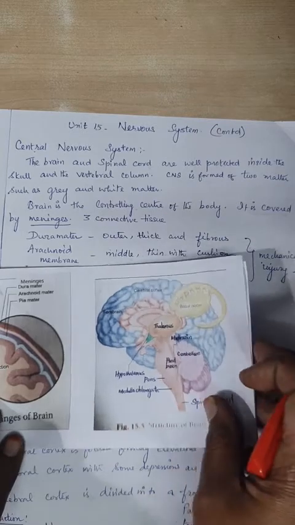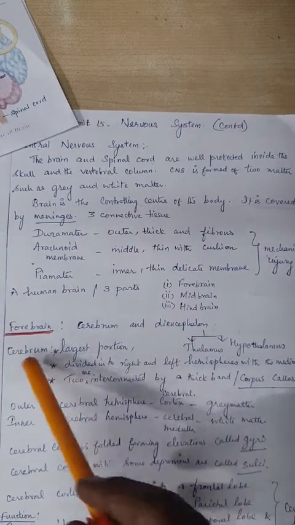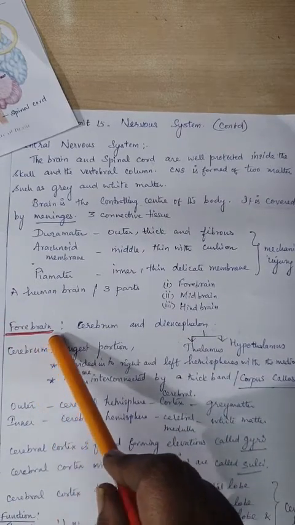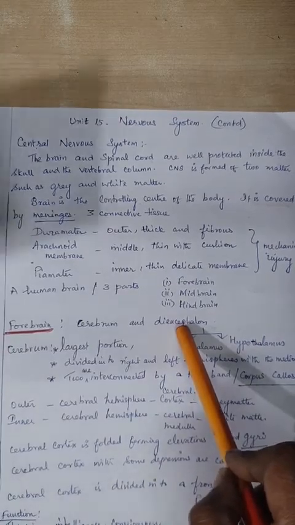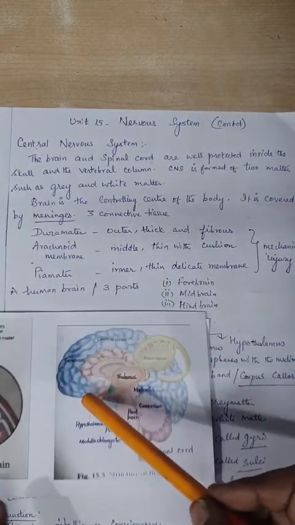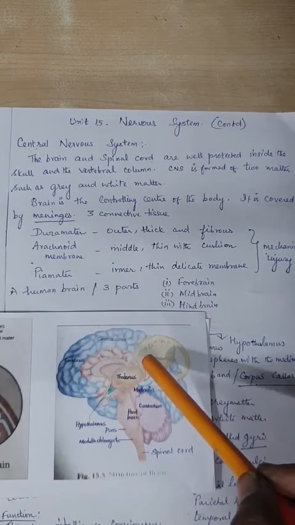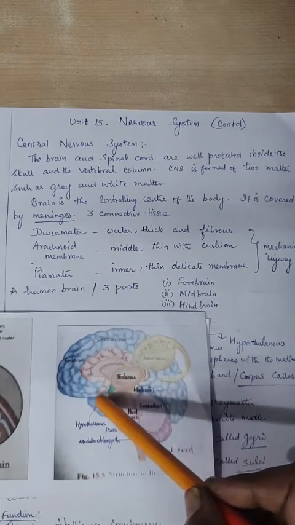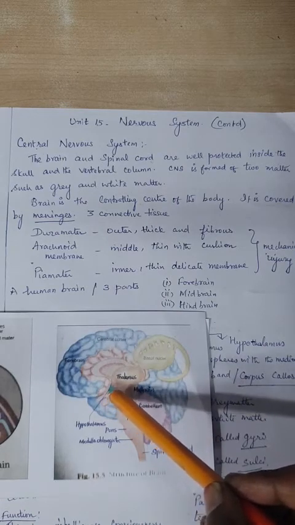All the three parts we are going to see one by one. The first one, forebrain. Forebrain is made up of cerebrum and diencephalon. Already I said in the diagram, this blue region is cerebrum and the diencephalon is this portion. It is made up of thalamus and hypothalamus.